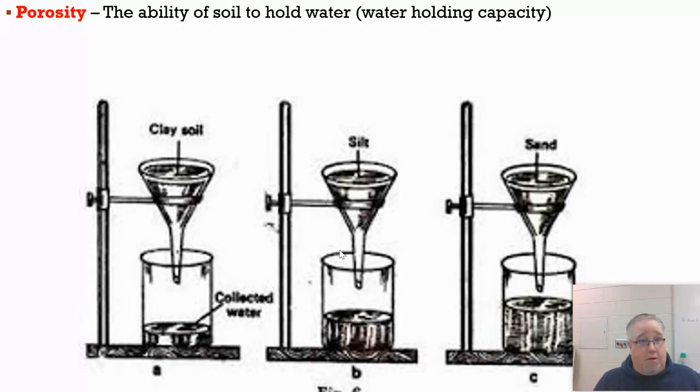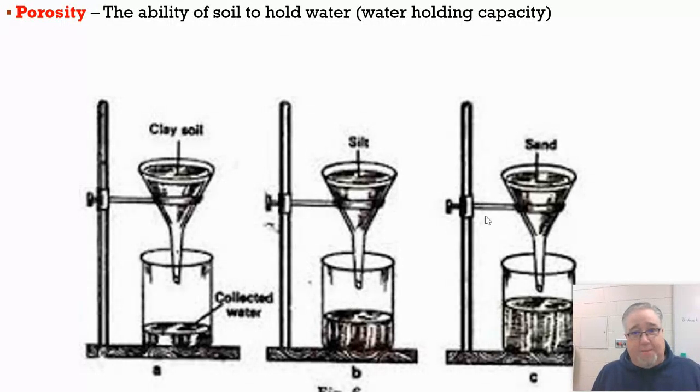We do know that each one of those substances is made up of a different size particle. Now, because these particles are different in size, the space between the particles is different as well. So if we poured some water through each one of these funnels and let the water drain into these beakers, we would be able to see which one of these soil components is better at holding water and which one is worse at holding water.